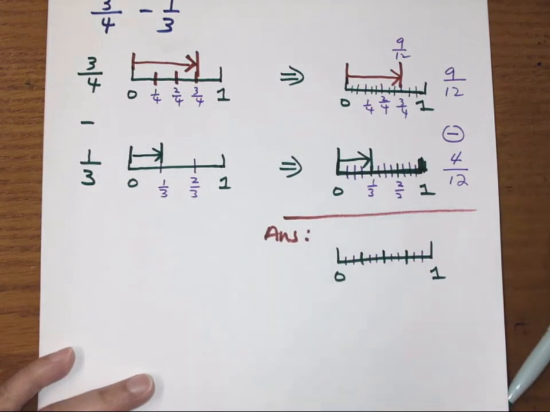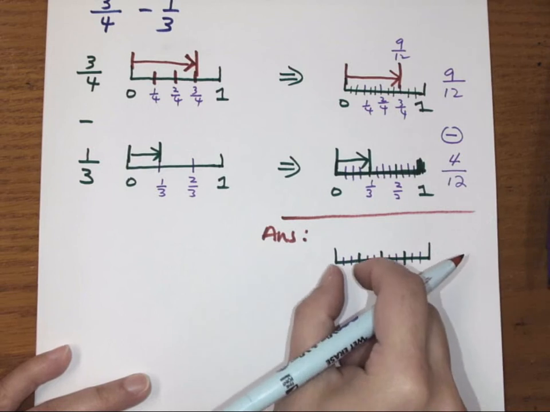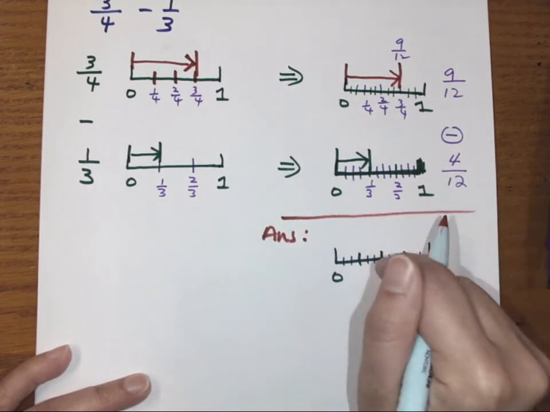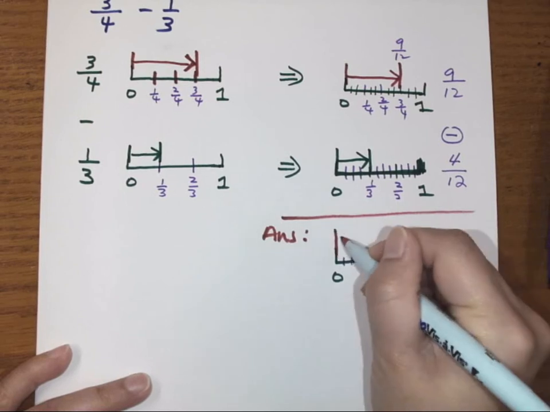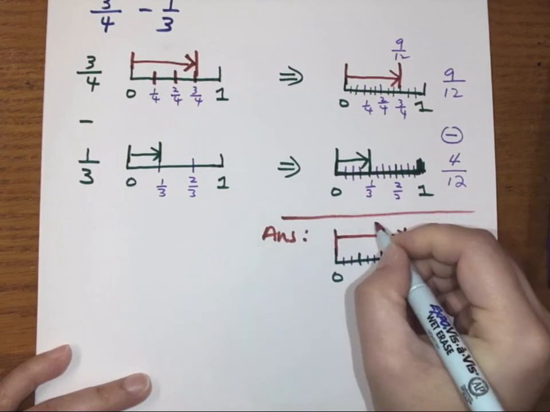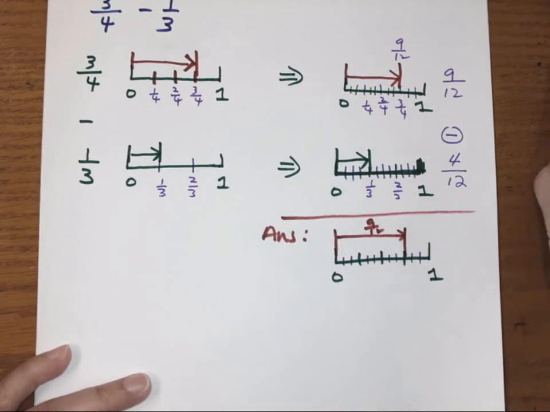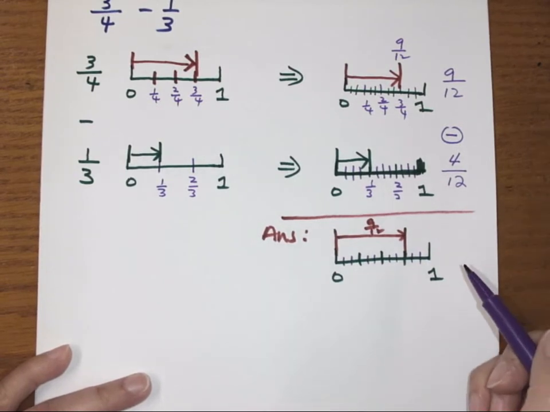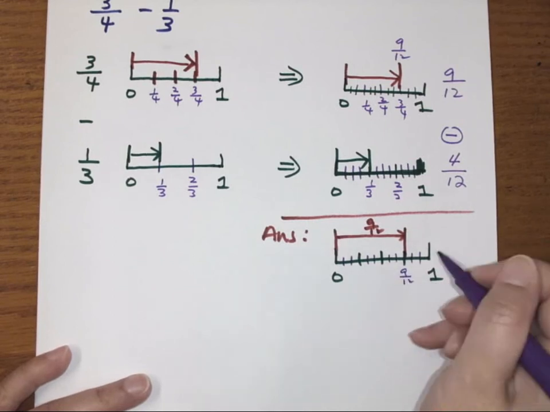From the top one, I need to go from 0 to 9, right? Like here, 0 to 9. This is 9/12. And then I need to go back because this is subtraction, right? Go back how many units? 4 units.